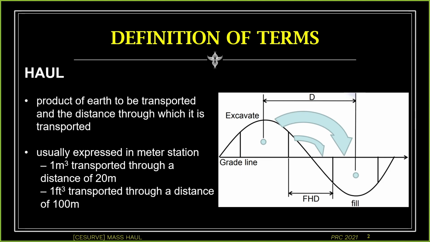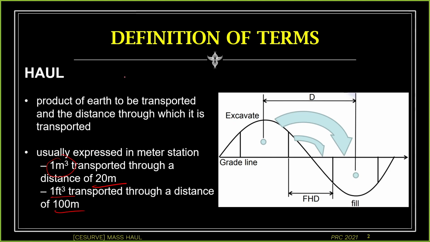So basically, yung amount ng lupa na ita-transfer and kung gaano kalayo ang pag-transfer, yun yung hauling natin. And it is usually expressed in meter station. For 1 cubic meter, it is being transported every 20 meters. And in English, 1 cubic foot is being transported through a distance of 100 meters.